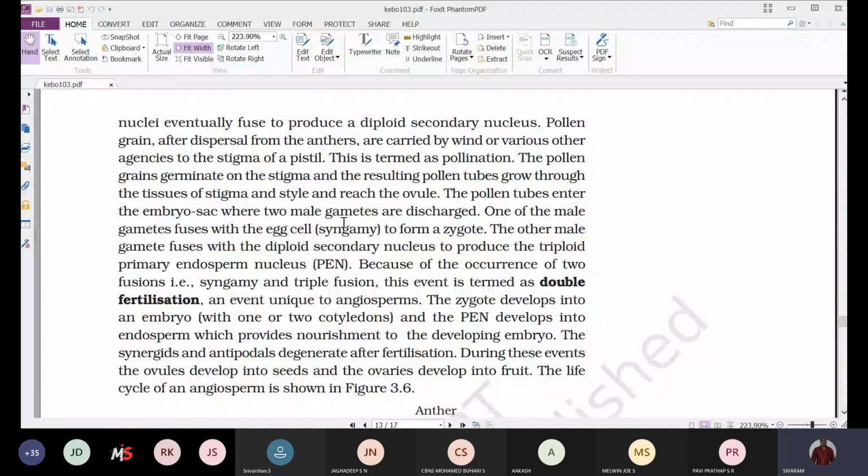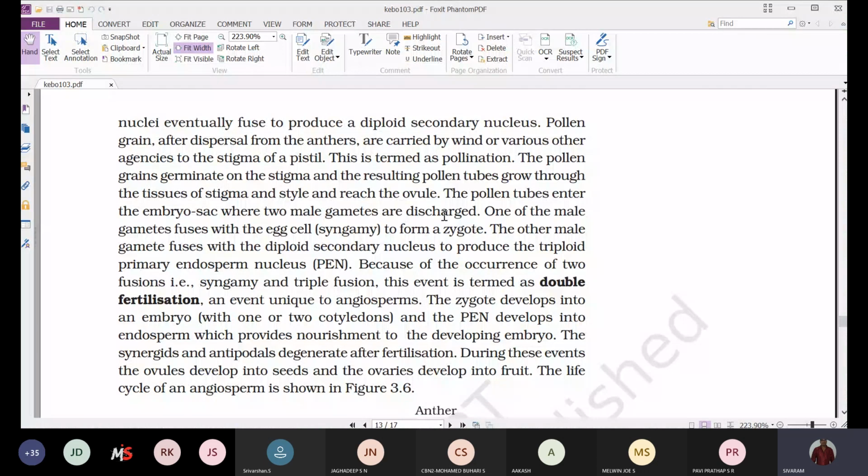Each pollen grain, or each pollen tube, carries two male gametes, which is a unique feature in angiosperms. We don't observe such a phenomenon in any other groups of plants.